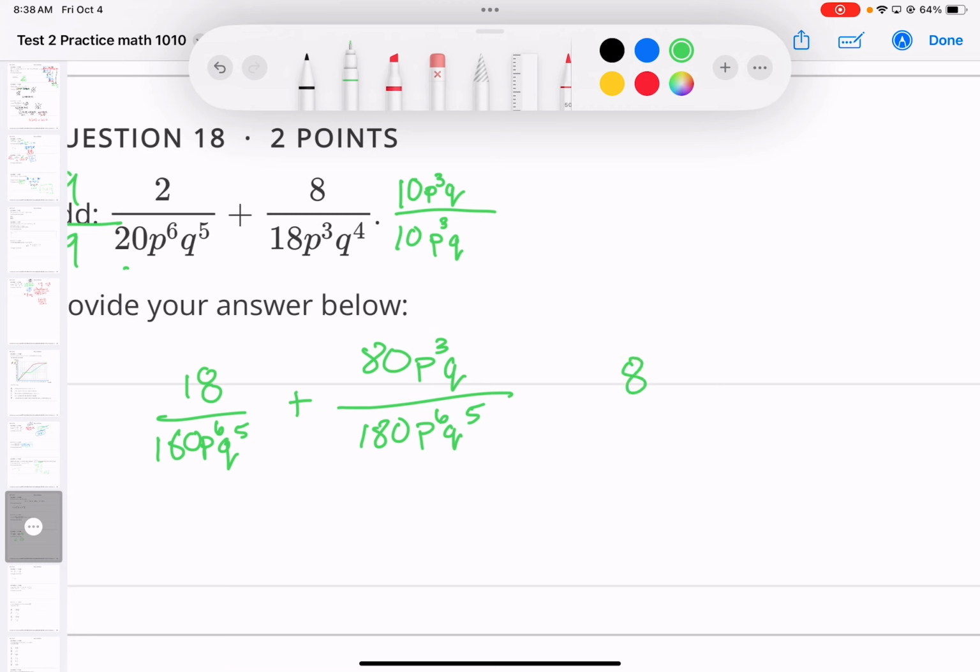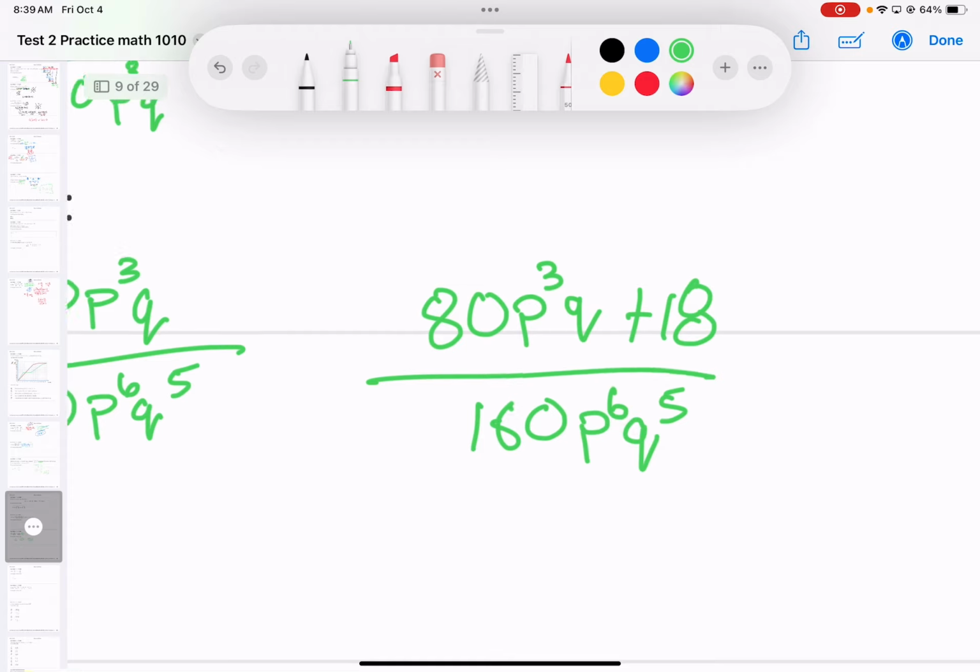I got 80 p to the 3rd q. I've done either refresher questions. It's probably a number before. We might be able to simplify a little bit. We got a plus 18 over 180 p to the 6th q to the 5th.